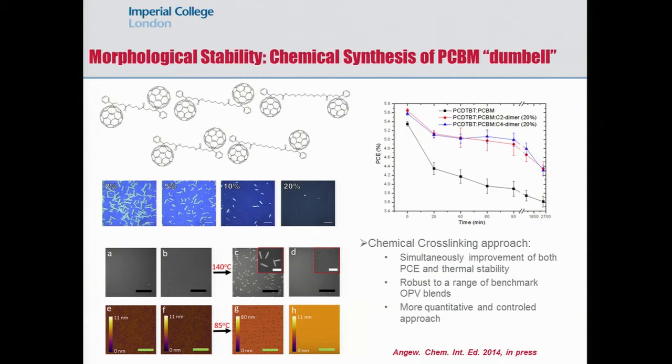With this in mind, we also blend the polymer with a part of these PCBM dumbbells. Once we blend it, we gradually increase the loading of the PCBM. Then we see significantly suppressed crystallization, and this enhanced morphology also translates into stabilized devices under 85 degree thermal stress.